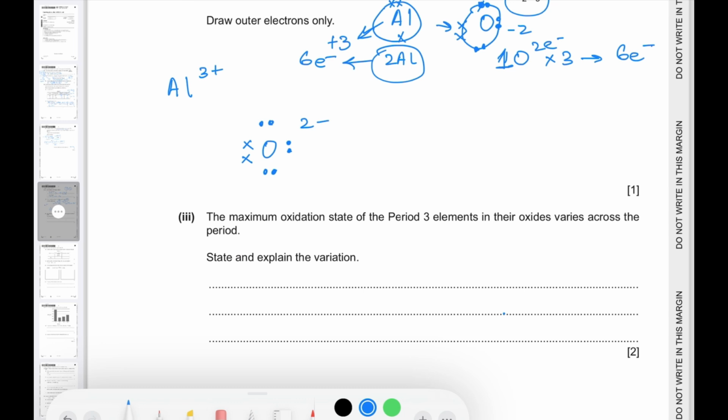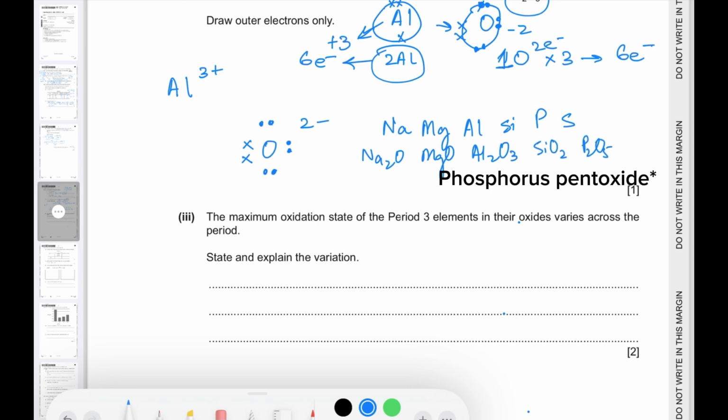Let's start listing down the elements first. Those would be elements of period 3, right? They form sodium oxide, magnesium oxide, Al2O3, silicon oxide, P2O5, phosphorus oxide, and then sulfur trioxide.